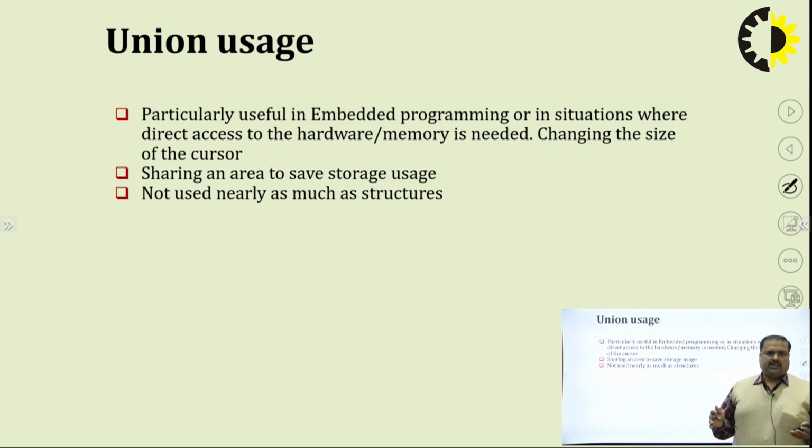So sharing an area to save storage is the use. Structures are used more in programming, and unions are used only when a particular requirement arises where we can have multiple variable types, but at a time only one is required. In such situations we use a union.